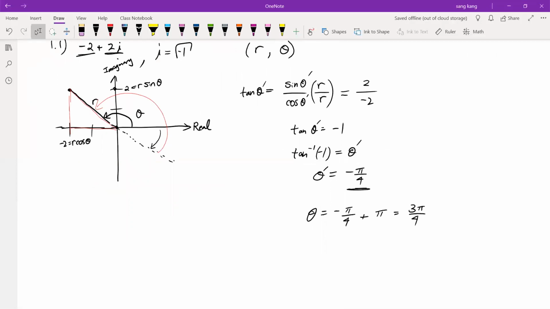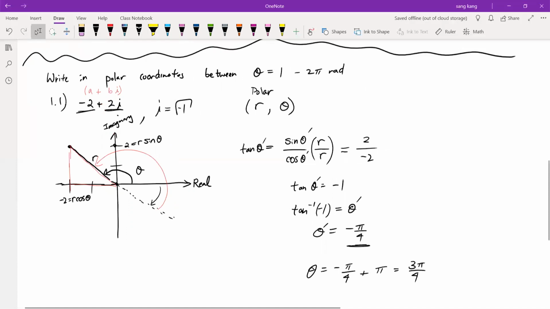And now we need to find our r. And we can do this straight from the Pythagorean theorem. This distance here is 2. This distance here is 2. And I'm using absolute value because I just want this distance as an absolute value, right? I want r as an absolute value. I don't care if it's negative or positive.